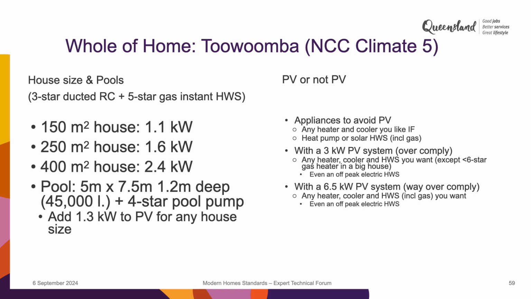And pretty similar story. Yes, you can avoid PV if you get efficient enough appliances, and again, heat pump or solar hot water system, you can avoid it. If your clients want PV anyway, it gives them a whole lot more flexibility in the appliances they choose.